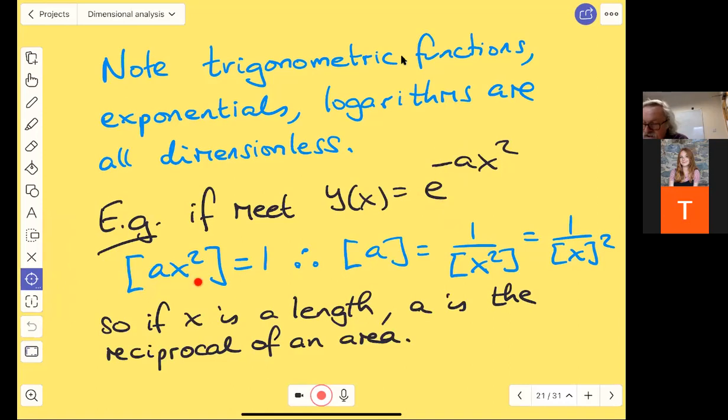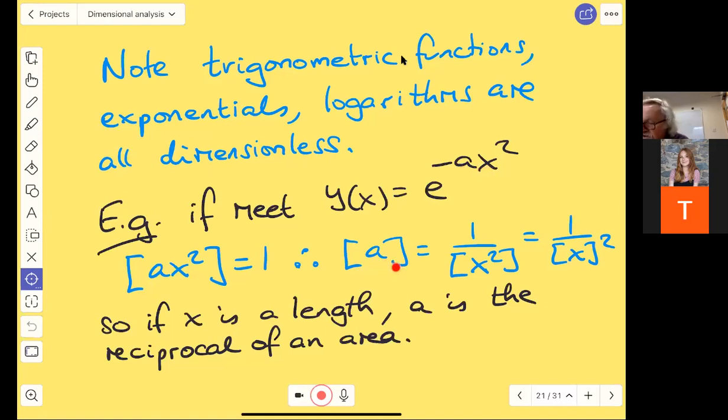So the dimensions of ax squared, forget the minus sign, that doesn't have dimensions. It's got to be dimensionless, so it's 1, using the notation we used earlier. So dimensions of a, and again, we have a limited number of letters, so a here does not mean acceleration, it's just something in this expression.